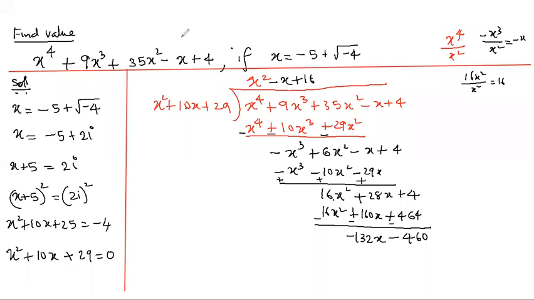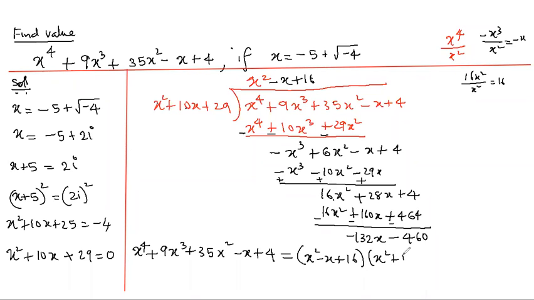So now my question will become: x raised to 4 plus 9x cube plus 35x square minus x plus 4 will be equal to x square minus x plus 16 multiplied with x square plus 10x plus 29.